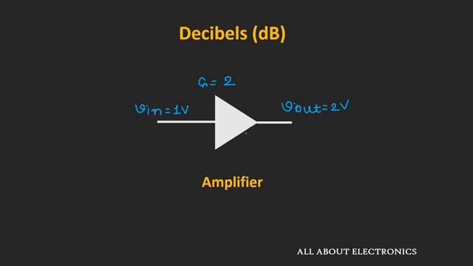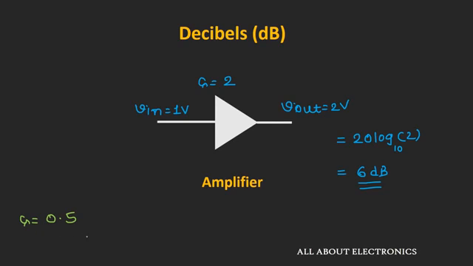Similarly, let us say if the system is providing the gain of 2, then in decibels it can be represented as 20 log of 2, and if you calculate it, it will come out as 6 dB. So every time when the input voltage is being multiplied by the factor of 2, then we can say that the gain that is being added to the system is 6 dB.